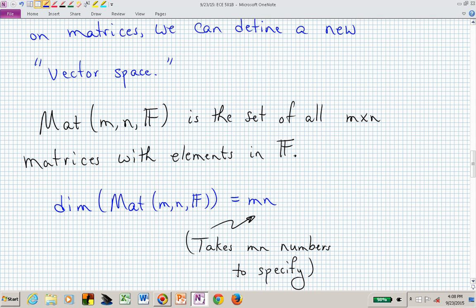If you have a 2x7 set of matrices, if you add matrices from that set together, you end up back in that set. It's closed under addition. It's closed under scalar multiplication. It forms a vector space. The dimension, or the size of that vector space, is 2 times 7, or 14. It's like R14. It's just now that those 14 elements are in a particular location of your 2x7 matrix.